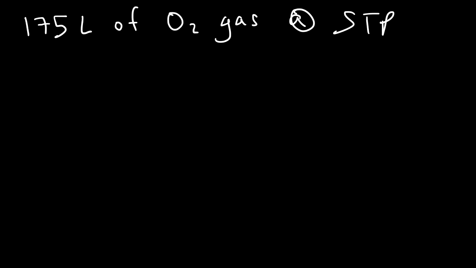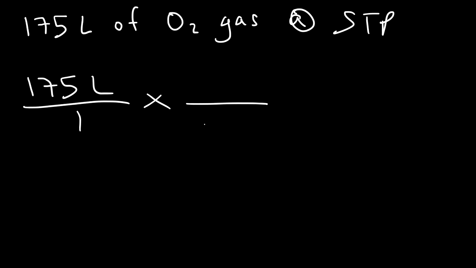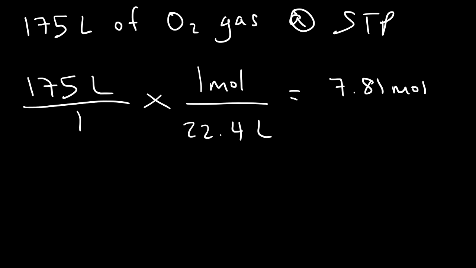If you have 175 liters of oxygen gas at STP, how many moles of O2 are present? So start with what you're given, 175 liters, and then just convert it. There's 22.4 liters per mole of gas, so you just got to divide by 22.4. And so 175 liters of gas corresponds to 7.81 moles of that gas.